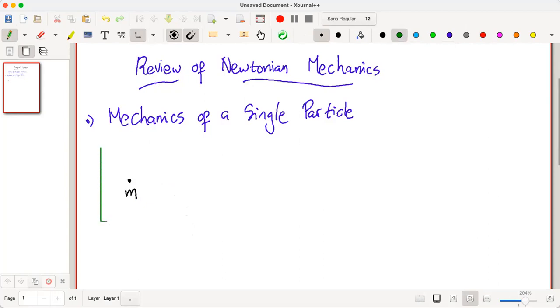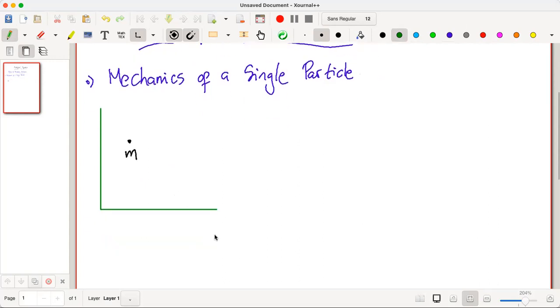I'm going to put this particle in two-dimensional or three-dimensional coordinates. Let's say this is X, this is Y, and this is Z. So this particle lives in a three-dimensional coordinate, and it has mass.